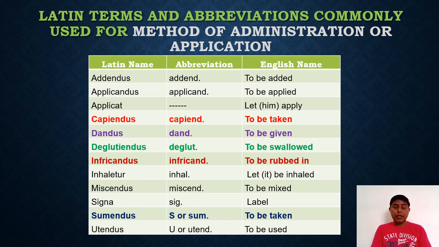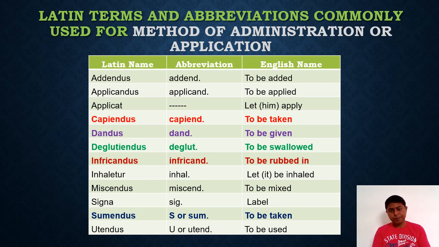Applicetur, let it be applied. Capiendus, to be taken. Dandus, to be given. Deglutiendus, to be swallowed. Infricandus, to be rubbed in. Inhalator, that is inhalation. Miscendus, to be mixed. Signa, label. Sumendus, to be taken. Utendus, to be used.